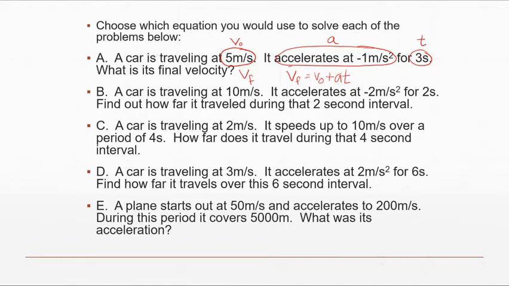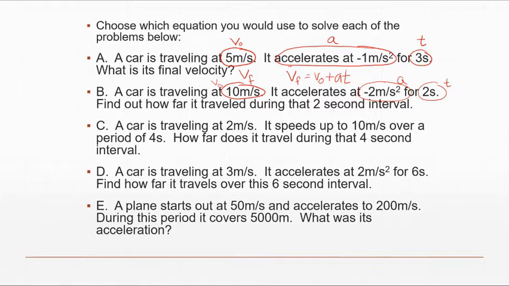A car is traveling at 10 meters per second. It accelerates at -2 meters per second squared for 2 seconds. So I have an acceleration right here, a time right there, and a v initial right here.